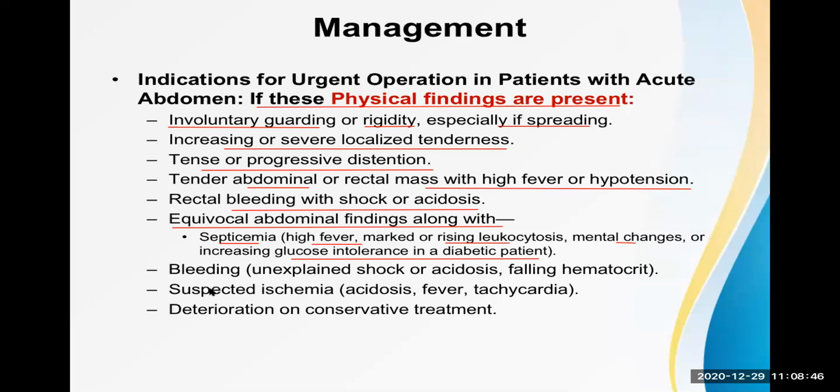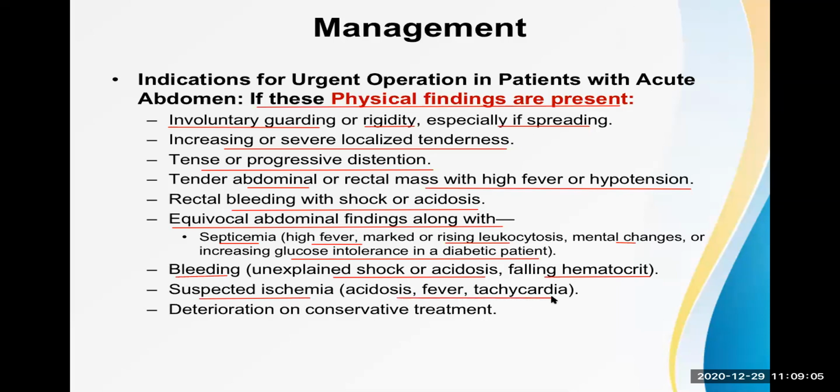Another one is bleeding, like unexplained shock or acidosis or falling hematocrit. By medical management, we cannot control it, so the only option left is surgery. Suspected ischemia, you go for surgery.